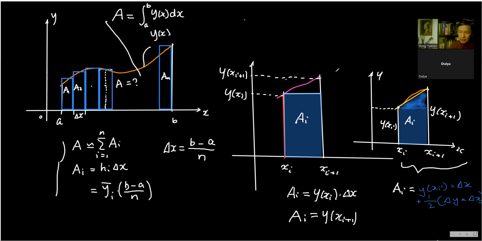Can we show you this one? So your method is equivalent. Can you see? If I just factorize delta x, you get y(xi) plus half of the difference, that is y(x i+1) minus y(xi), divided by 2, all right?